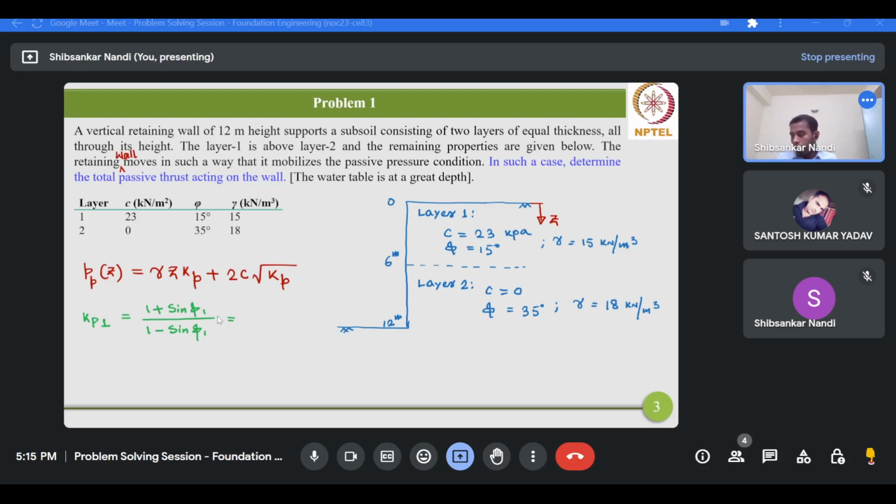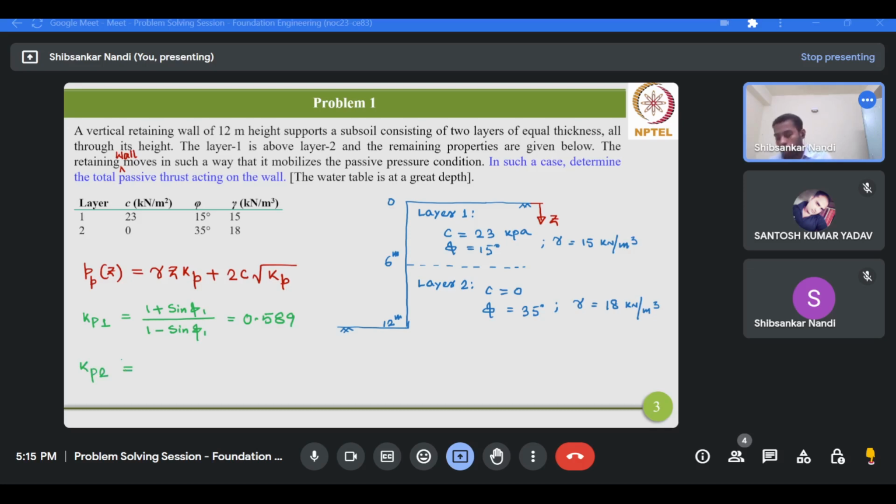So 1 minus sin 15 divided by 1 plus sin 15. This will give you the passive earth pressure coefficient for layer 1 as 0.58.